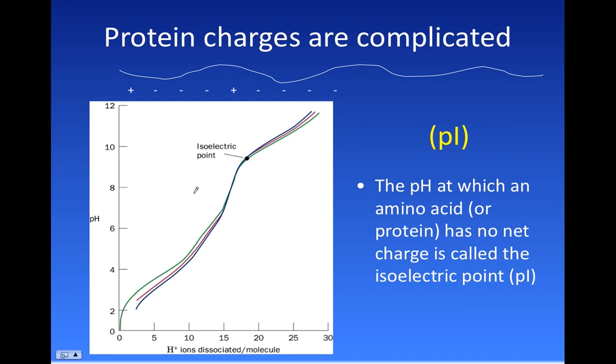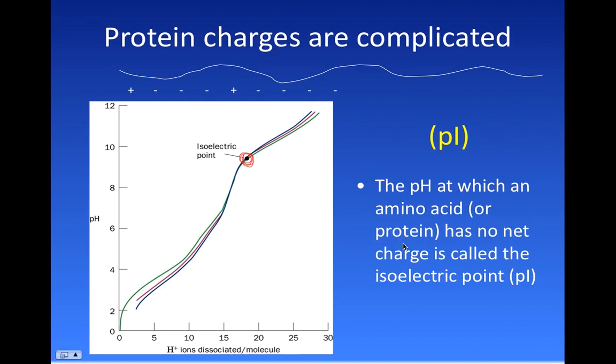And so when we try to titrate a protein, we don't see these nice, distinct level places where we can look at a particular dissociation of one atom coming on and off. We get this sort of smeary titration curve, but we can think of each protein as having an isoelectric point, a PI value, where that protein has a net neutral charge, and that's really, really useful when we start thinking about complicated things like proteins.